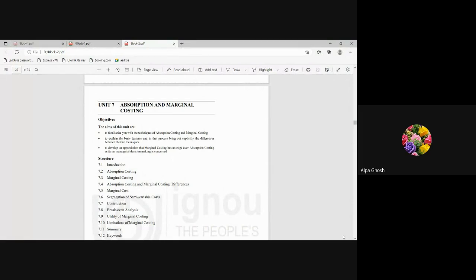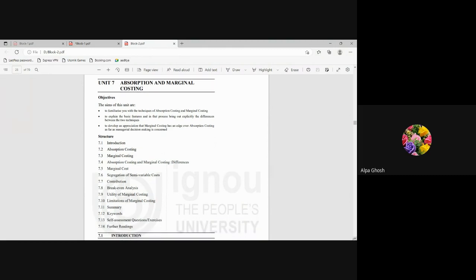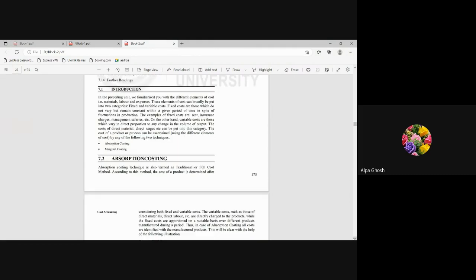Chapter 7 is absorption and marginal costing. These are the two types of costing, and how to record them. If we start with absorption costing, it is termed the traditional or full cost method.